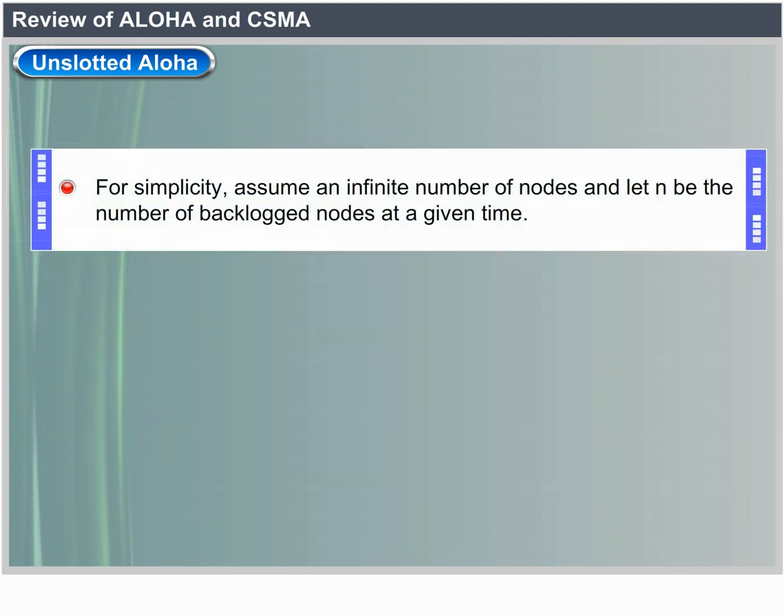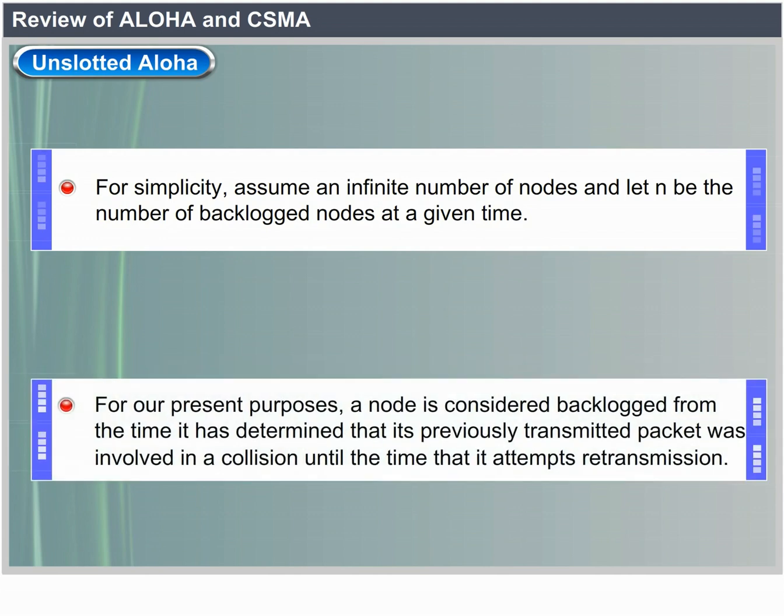For simplicity, assume an infinite number of nodes and let n be the number of backlogged nodes at a given time. For our present purposes, a node is considered backlogged from the time it has determined that its previously transmitted packet was involved in a collision until the time that it attempts retransmission.